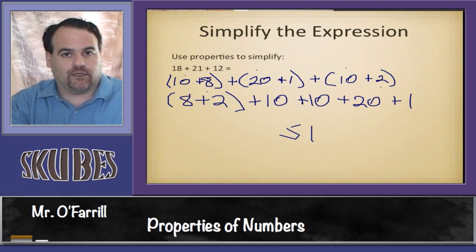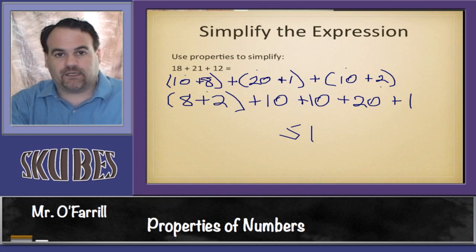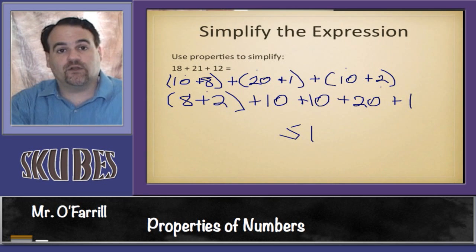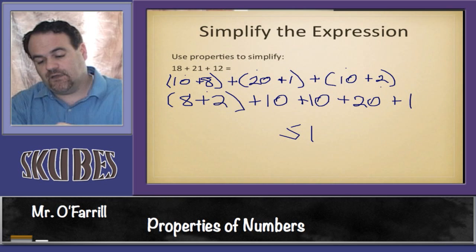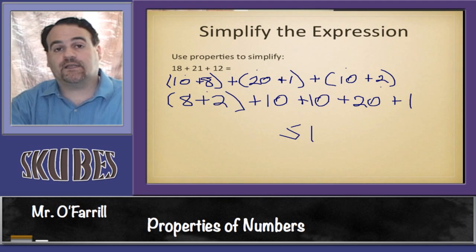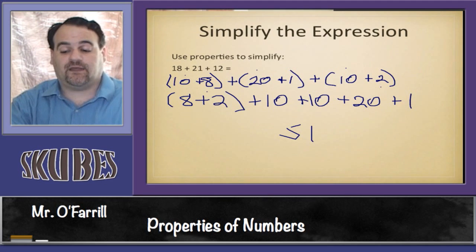First do 18 plus 21, get your answer, and then add 12. But like I said at the beginning of this slide, this is an instance of when we are really looking to do mental math. And the moment you see that there's an 8 and a 2, you can be thinking, I can group that to make 10.